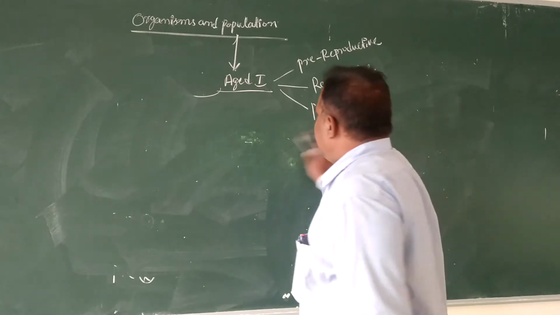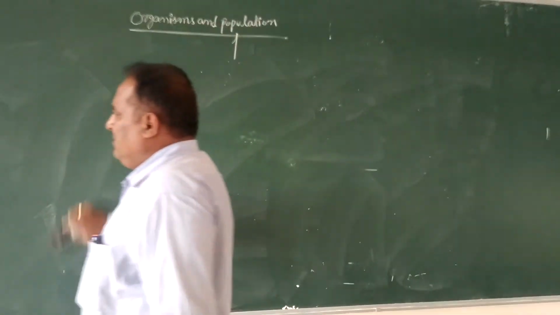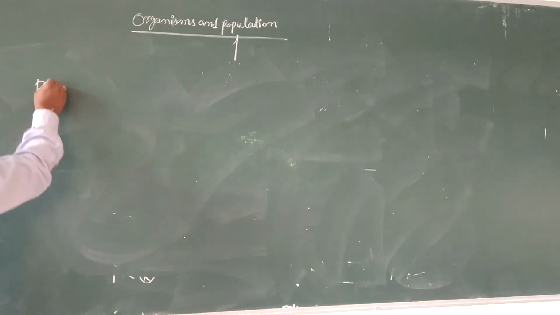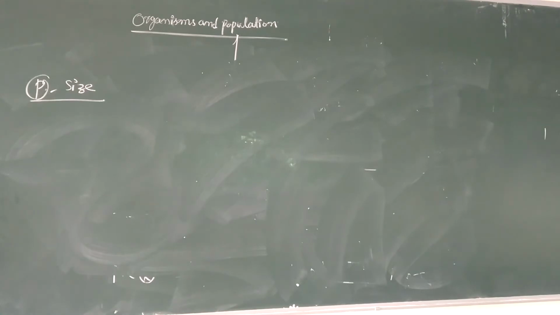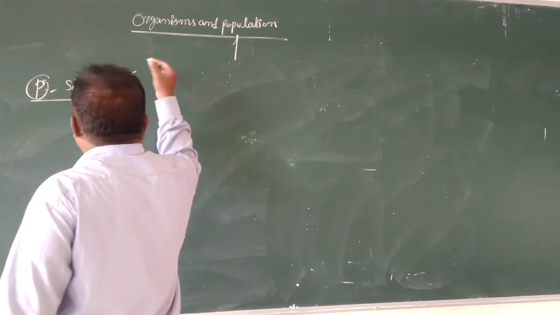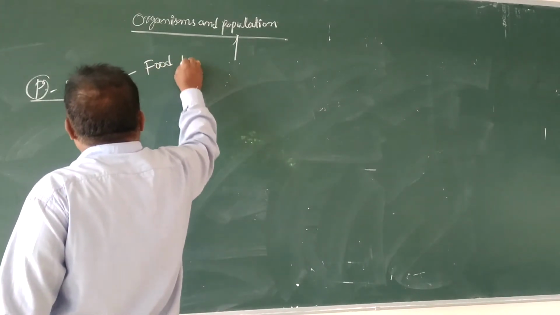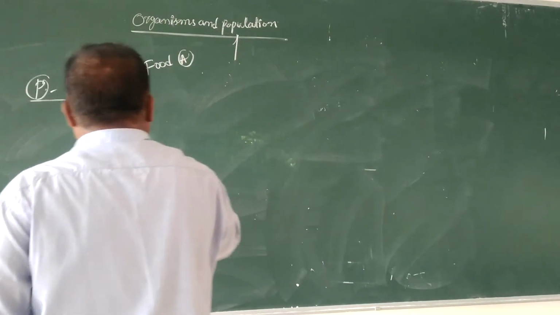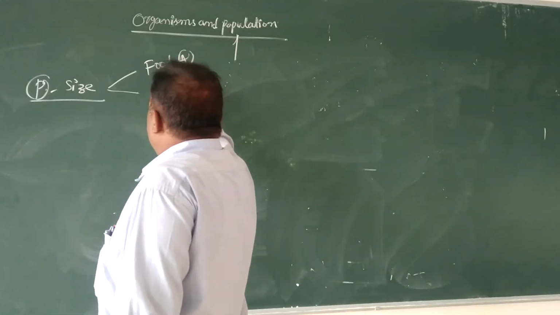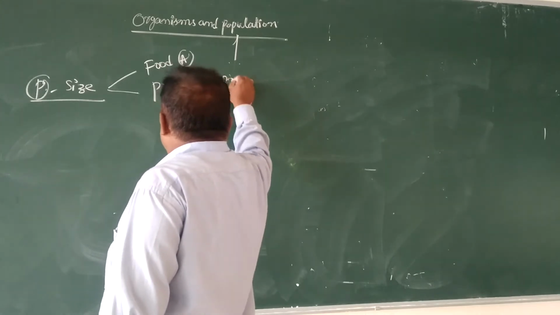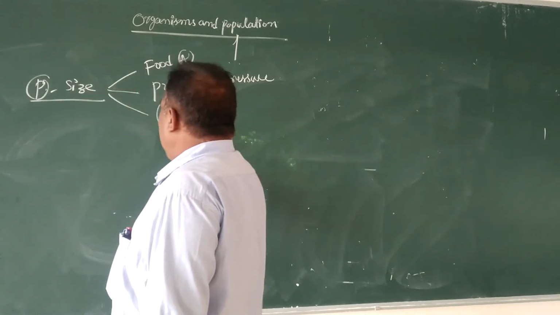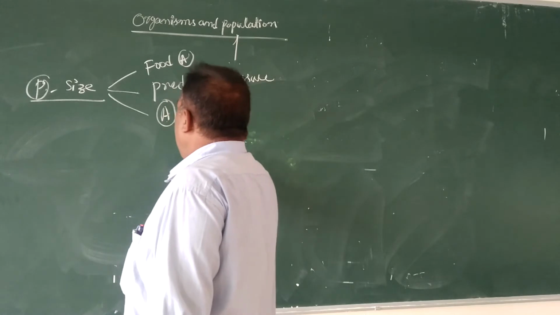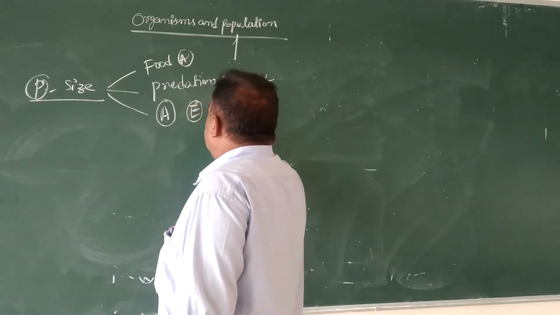Population size always depends on food availability, predation pressure, and adverse weather conditions or adverse environmental conditions.